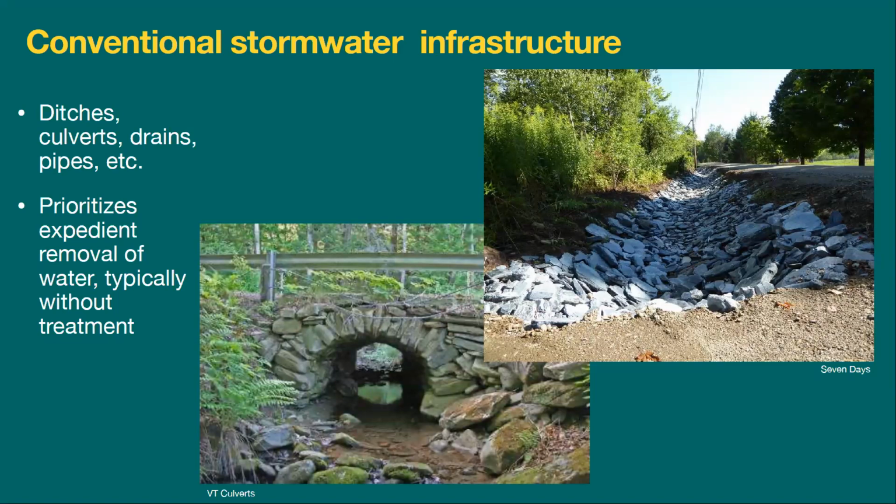So getting it away from our roads, our houses, and typically without much treatment. And this is good. You know, we need this to make sure our roads don't flood and water stays out of our basements, and we're keeping our bridges open and all of that.